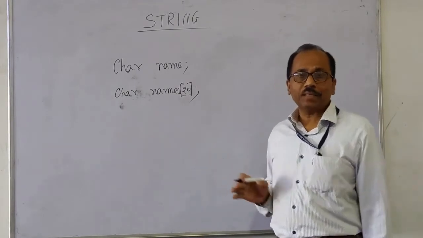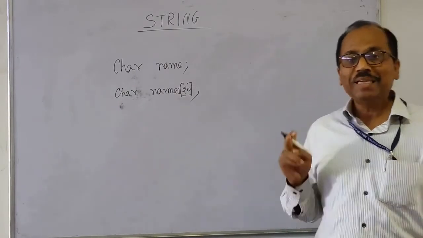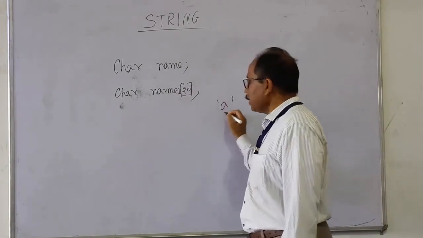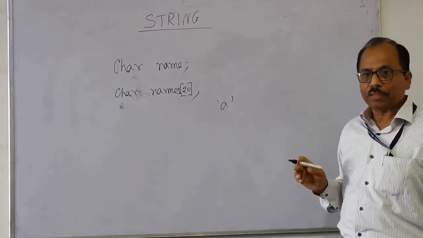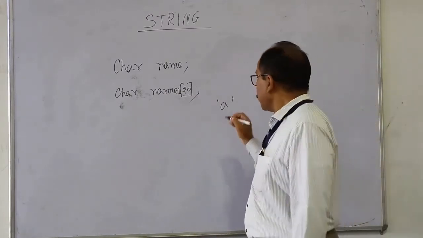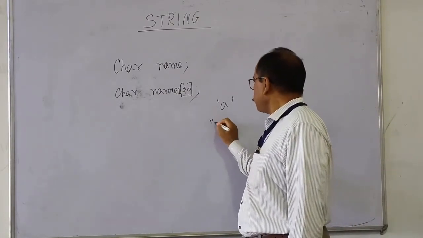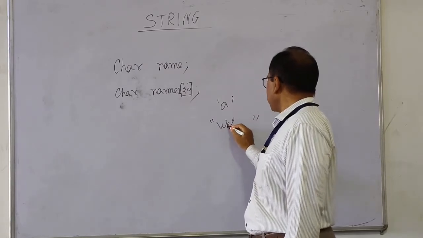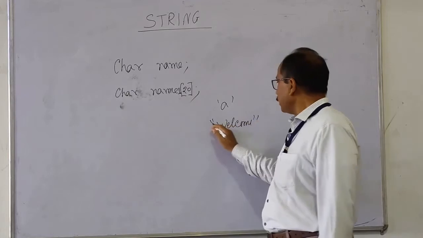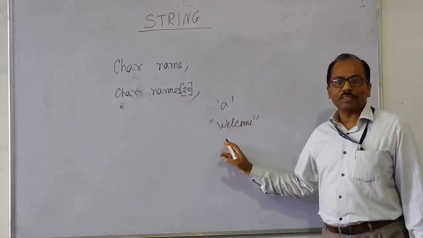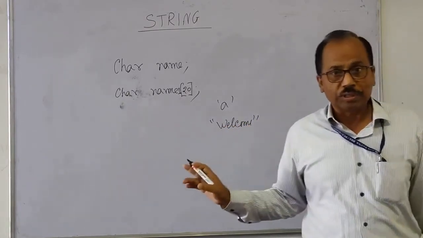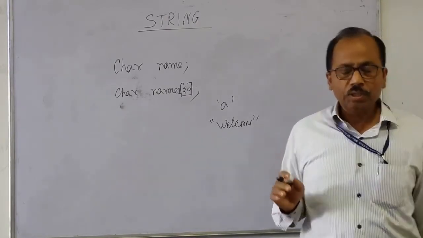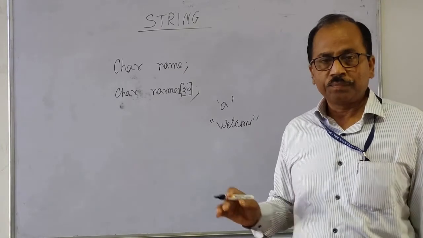To write a character constant, we use single quotation marks. If we write 'A', this one is a character constant. Whereas to write a string constant, we have to put double quotation marks. If we write "welcome" within double quotation marks, it means it is a string constant. So this is the way by which we can write string constants and character constants.